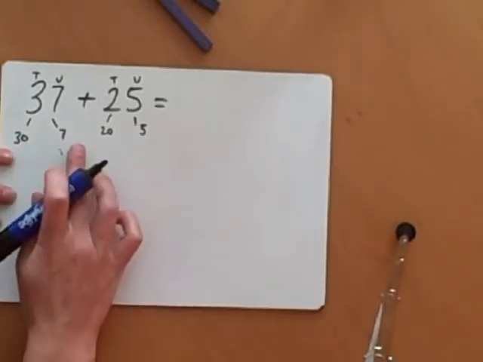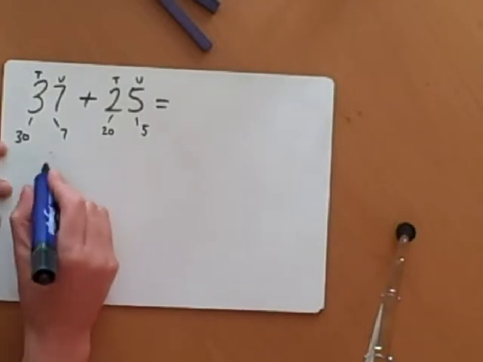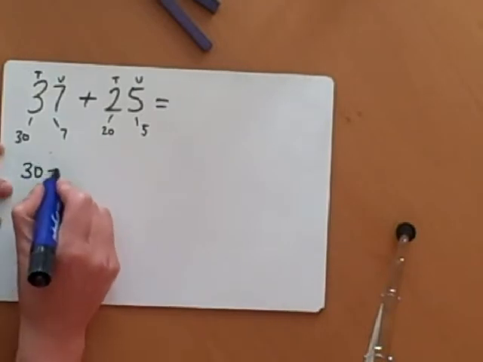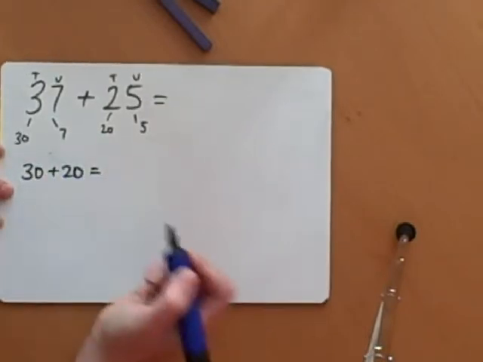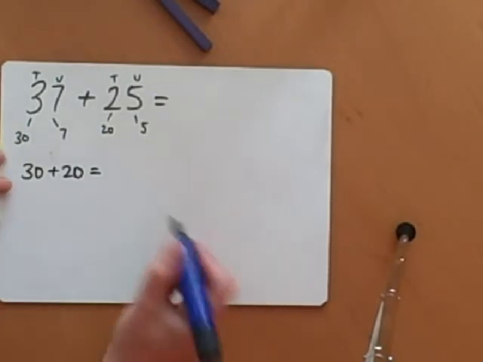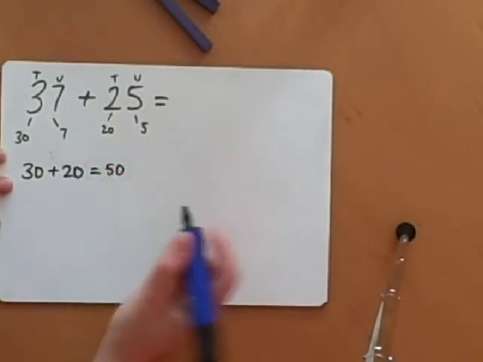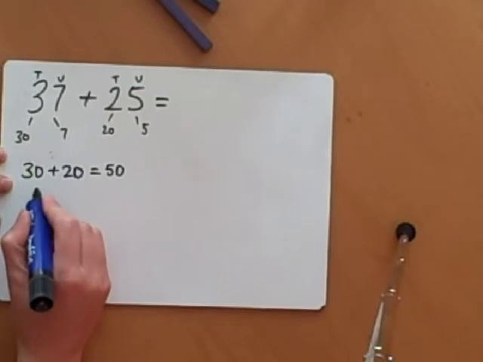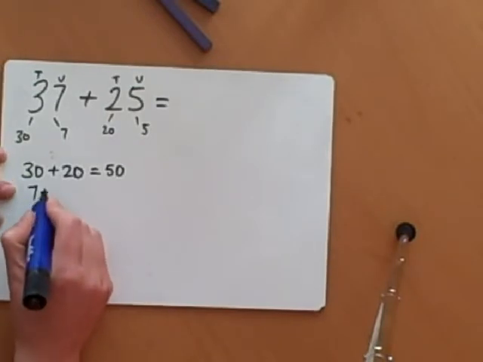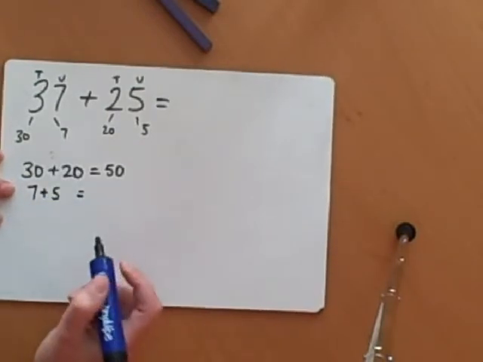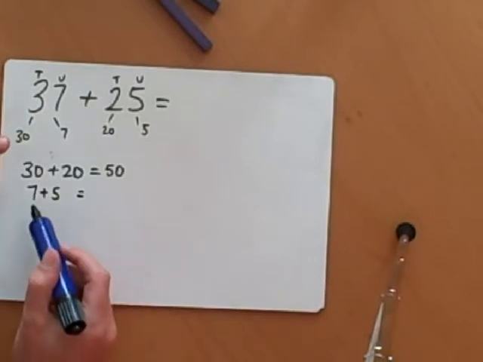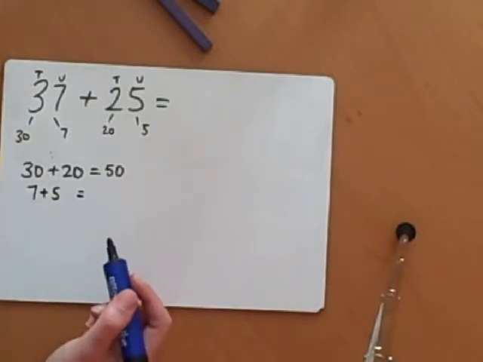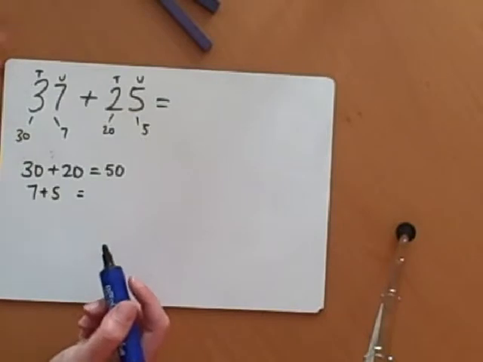One way of carrying on from this point is to first of all add the tens, 30 and 20, which gives us 50. And then we have the units, 7 add 5. To do this mentally, we'd start with a larger number, the 7. We would add on 3 to get to 10, and then it's to the other side.